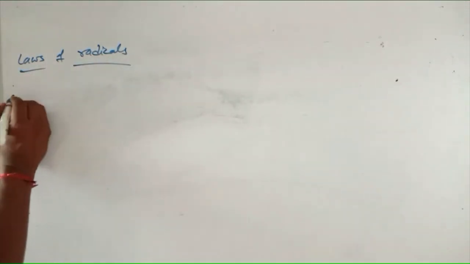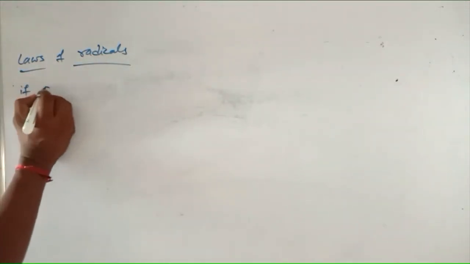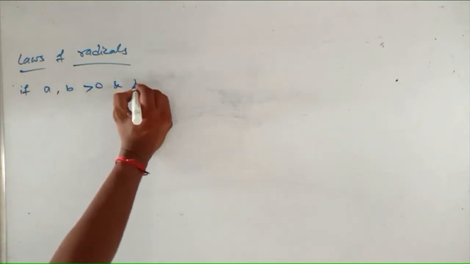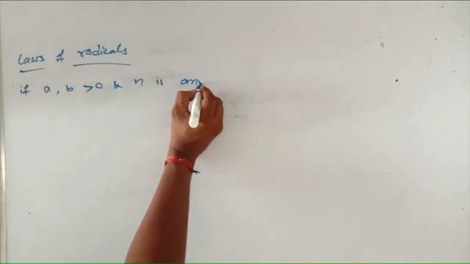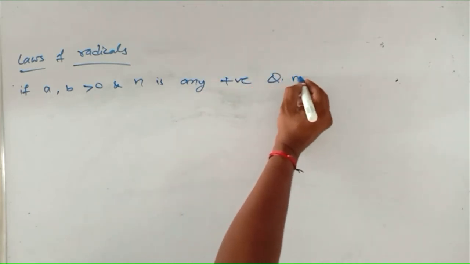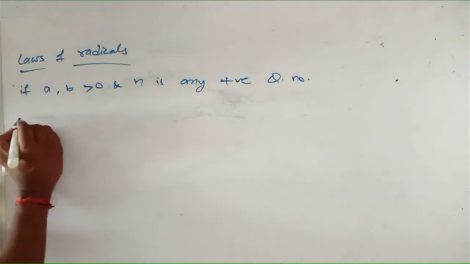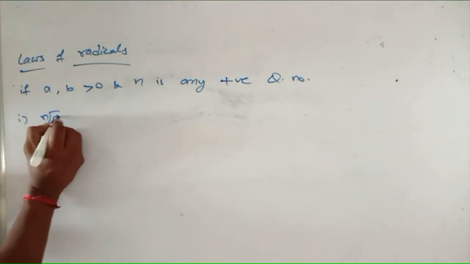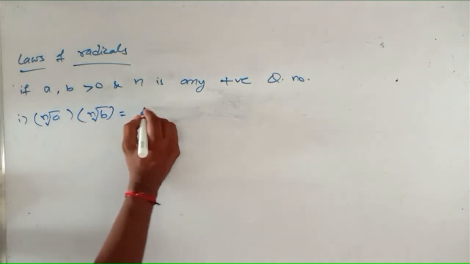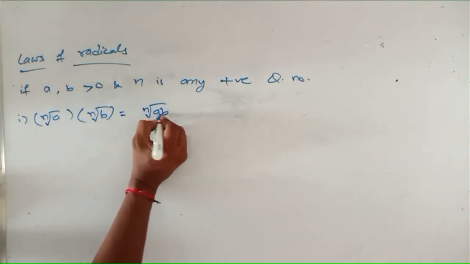So here, if a, b are greater than 0 and n is any positive rational number, then the first one is nth root of a into nth root of b is equal to nth root of ab.